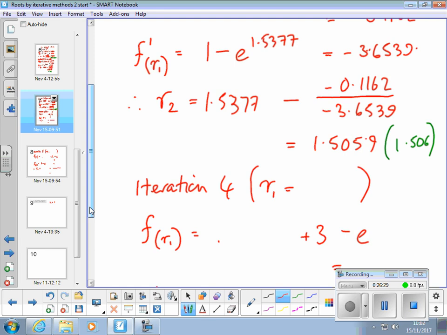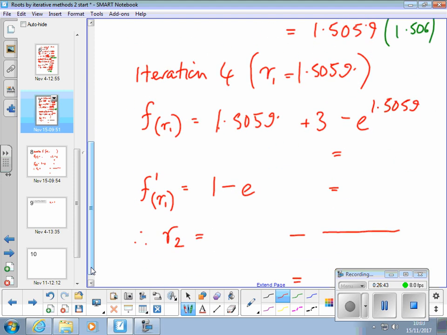So then we put the figures in. We end up with a result for the function, 0.0033, and this is minus 3.082.